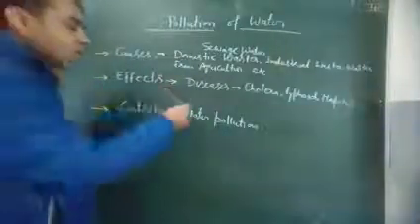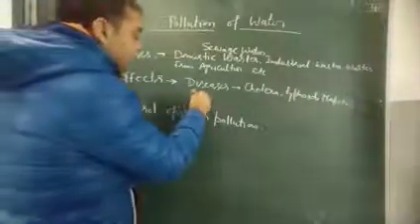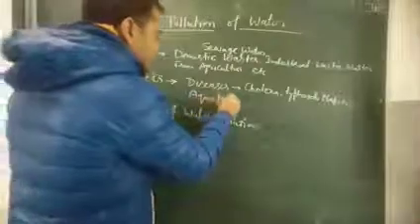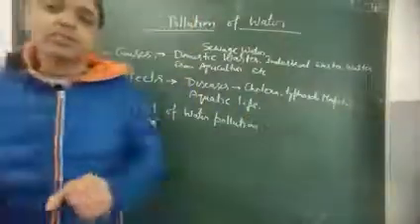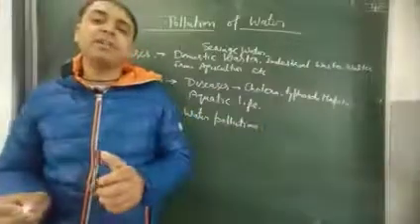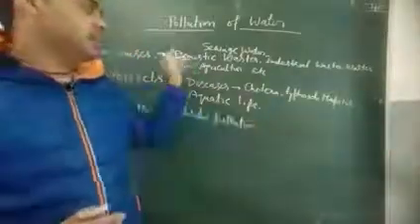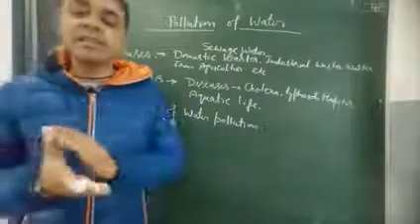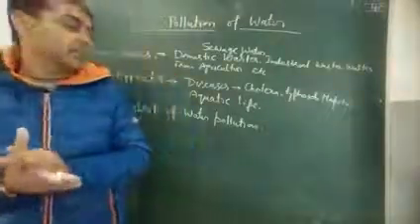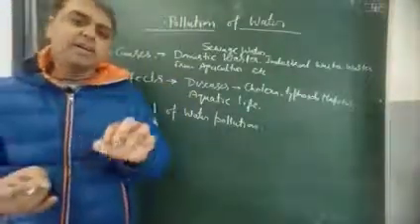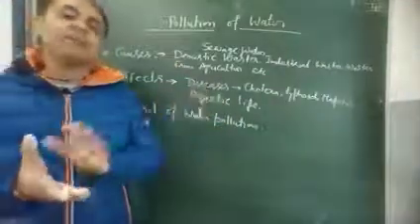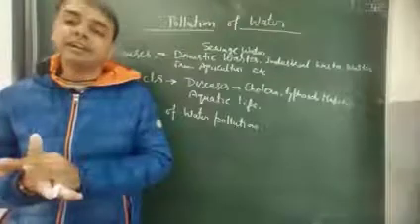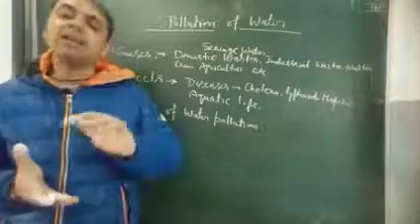Secondly, it is going to kill aquatic life. Suppose there is a water body, like a pond, and it is polluted by domestic or industrial waste, or any type of pollution, then what will happen? All the aquatic animals and plants living in that pond will die because of these chemicals or lack of oxygen.